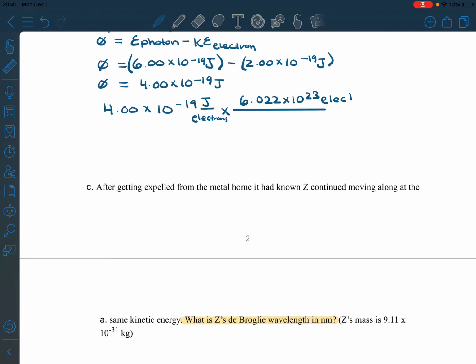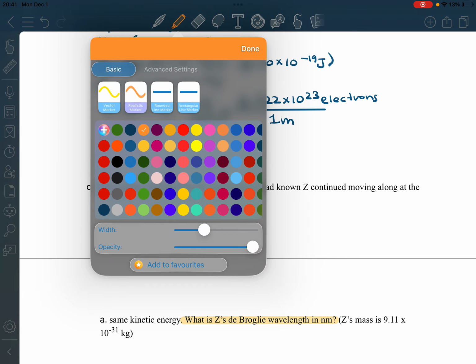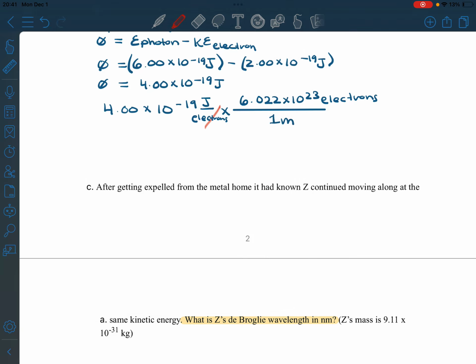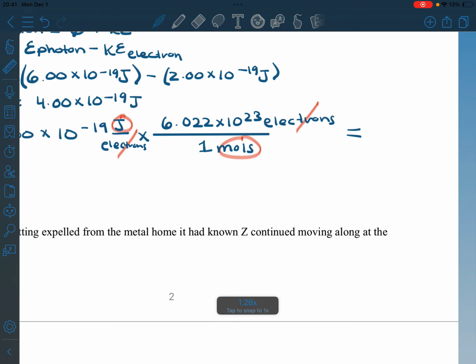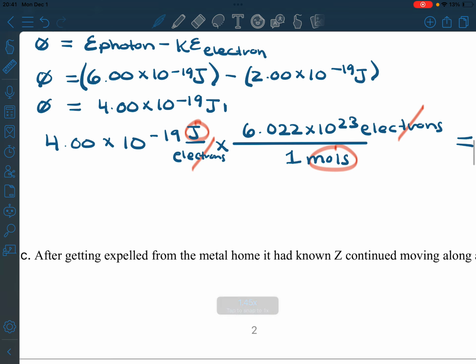I can cancel those electrons, and what I'll be left with is joules over moles. I'm going to write this down: this is joules per electron.